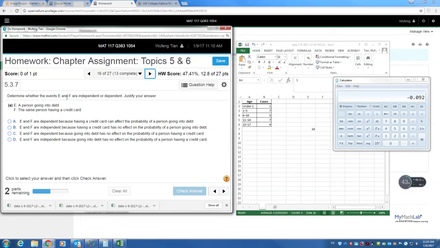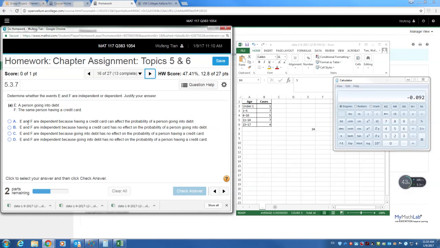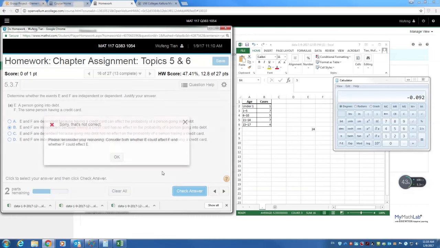Determine whether events E and F are independent or dependent. Justify your answer. A person going into debt, the same person having a credit card. They are independent because having a credit card does not affect the probability of a person going into debt. I think it's, wait.